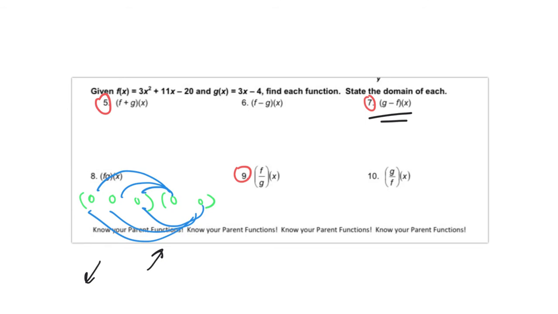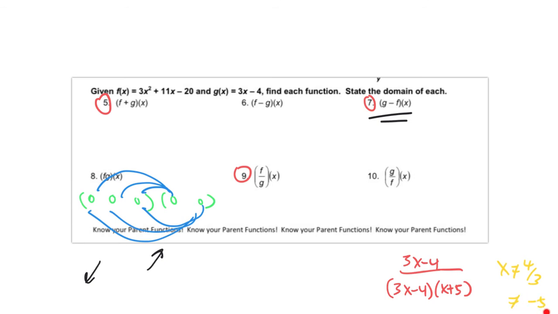For that one, it's going to be g over f, so that's 3x minus 4 over x plus 5. Let's just get that factorization part over with. Hopefully you can see immediately x is not allowed to be 4 over 3, and x is not allowed to be negative 5.